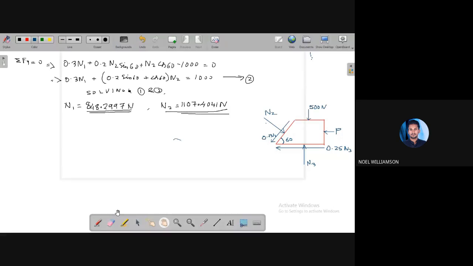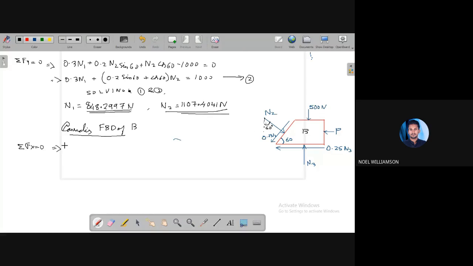So now we write the equations by considering the free body diagram of B. This is B. Sigma Fx equal to 0 implies, this is 60°.